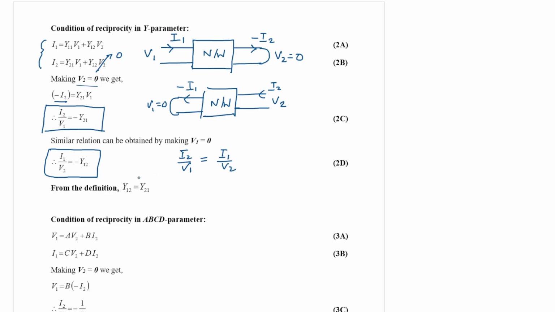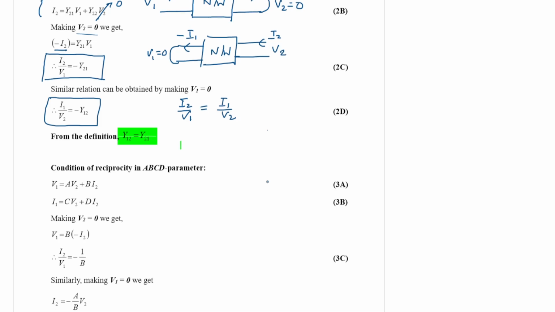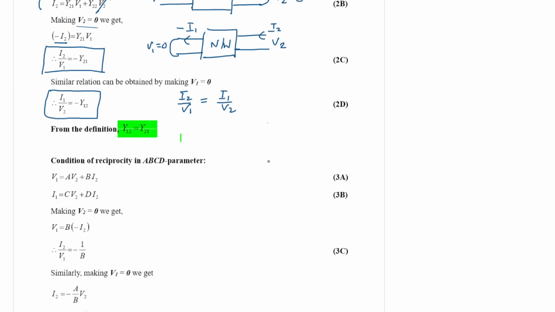So from there you can understand Y12 is equal to Y21 becomes the condition for Y parameters to determine whether a network is reciprocal or not. So if you come across any network and solve it for Y parameters and find this result, Y12 is equal to Y21, then it immediately follows that the network should be a reciprocal network.